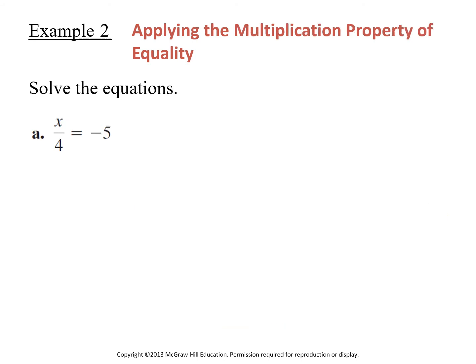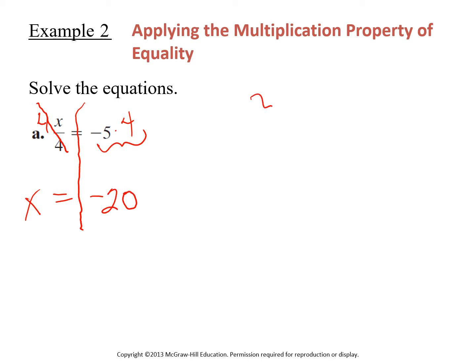This time I have x over 4. Well, x over 4 is x divided by 4. Since they're dividing by 4, I am going to multiply both sides of this equation by 4. And what happens is 4 divided by itself is 1, 1x, and negative 5 times 4 is negative 20.